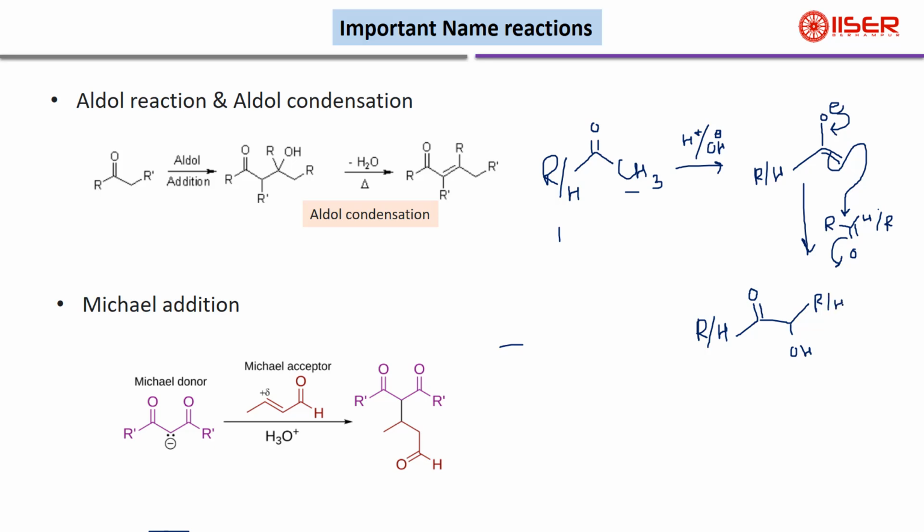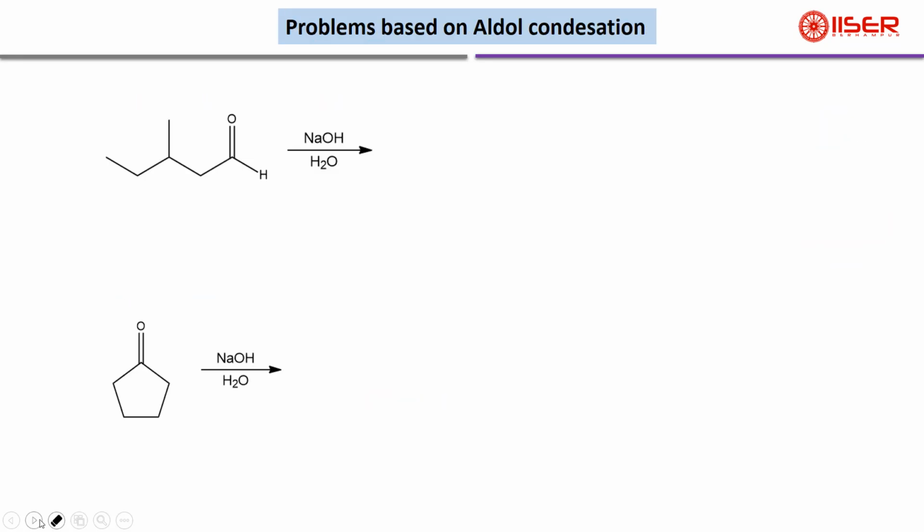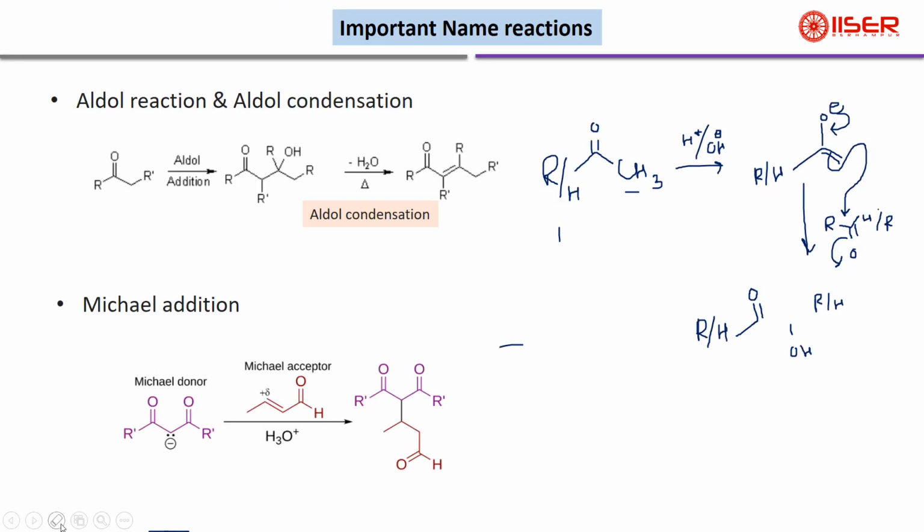Sorry, I have missed one carbon. Now, if another H is available, it will undergo the dehydration reaction and you will get this aldol condensation product.